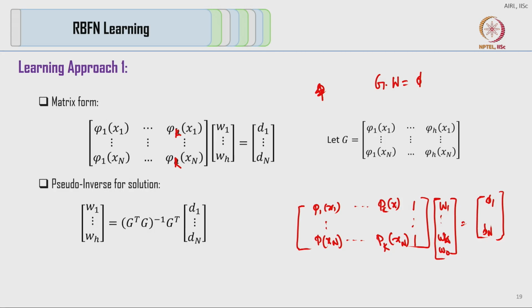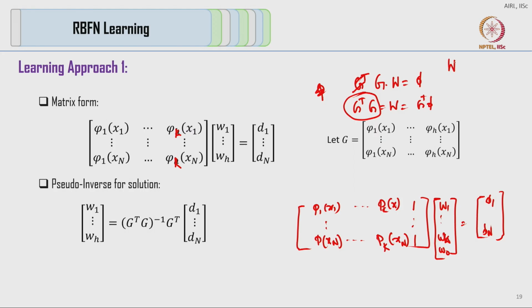One way to find W is to multiply by G transpose on both sides. So if I do that, G transpose G W is equal to G transpose D. G transpose G will become a square matrix, so I can get the inverse.